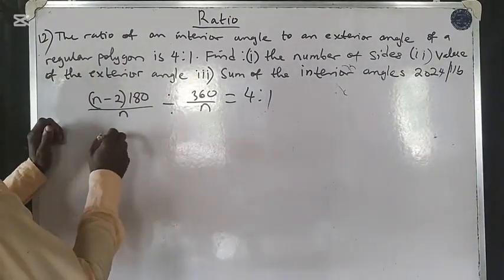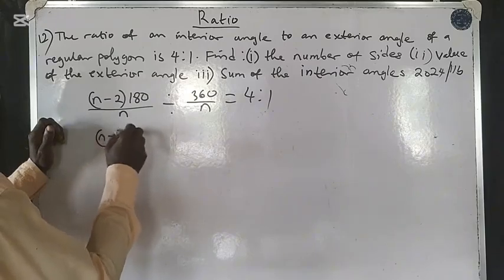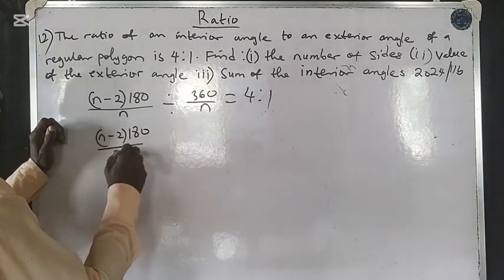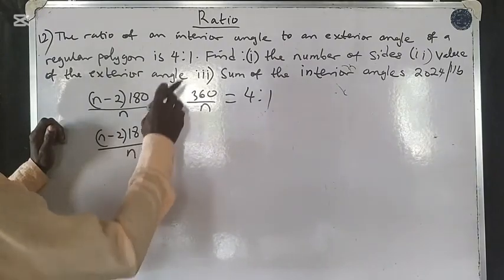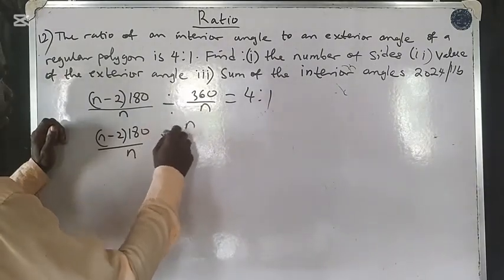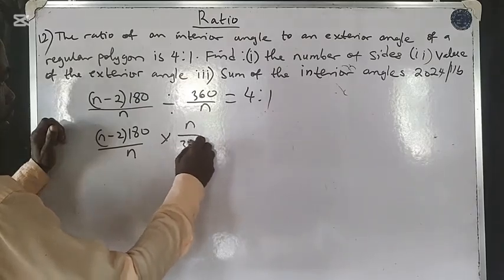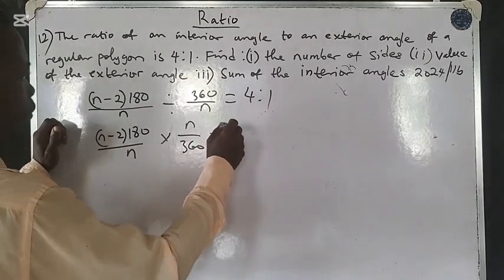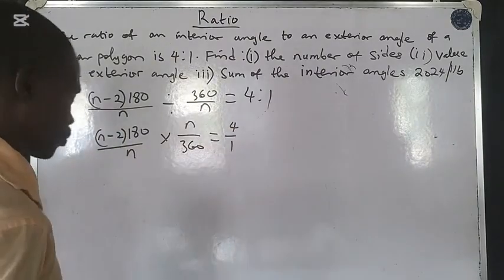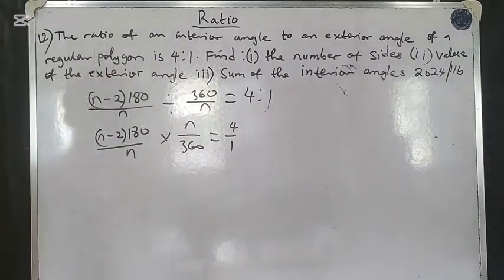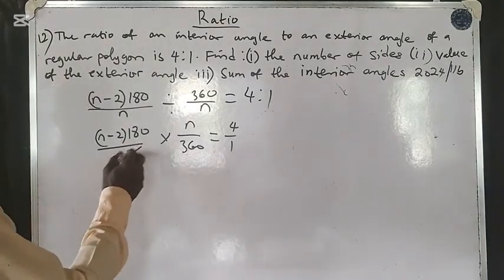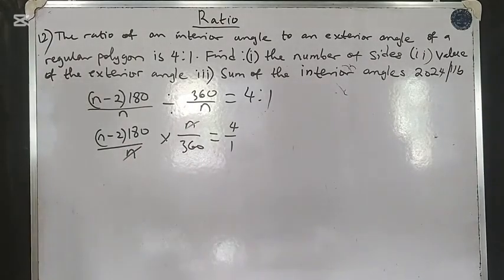We write n-2 multiplied by 180 over n. Let's change this one to times. n will go up, 360 will come down. Then we write 4 divided by 1, or 4 over 1. This n will cancel itself.